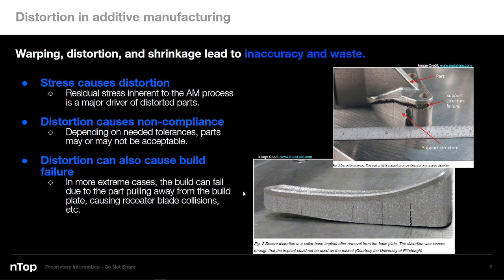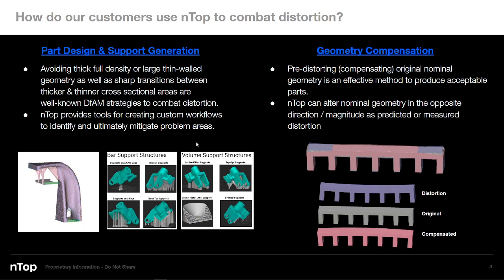In certain cases, it can be extreme enough that it can actually cause a build failure. In some of these pictures that you're seeing here, we see separation happening, cracking, things of that nature. And that's also obviously something that is not desired and would cause a lot of waste and inefficiency in the manufacturing process. So basically, how do our customers use NTOP to combat this?